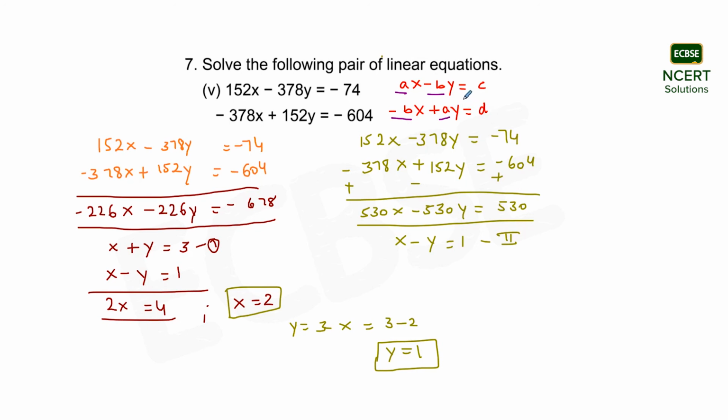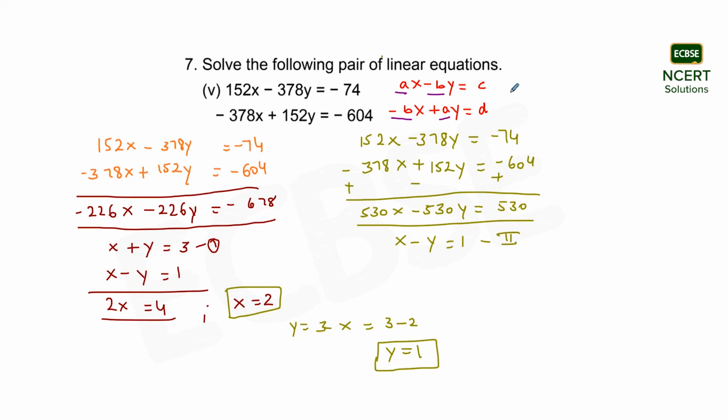So what it means is that I can use this method to solve the equations only and only if the coefficient of x and y in the equation is same and the coefficient of x and y in the two equations separately is same.